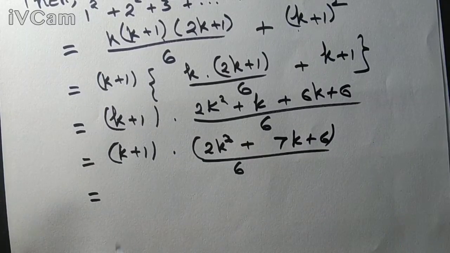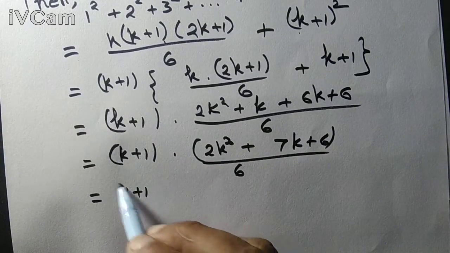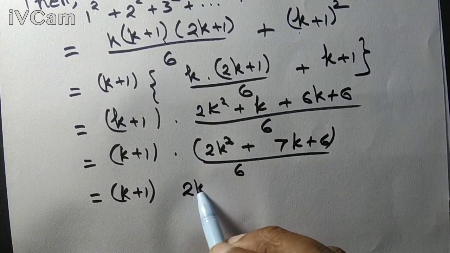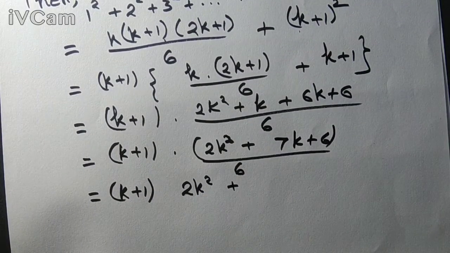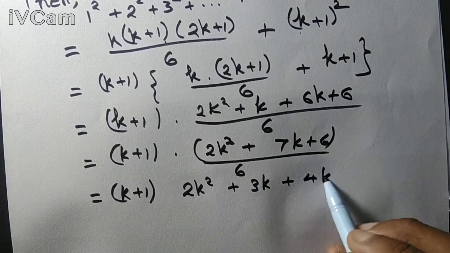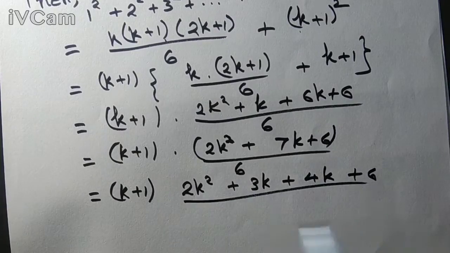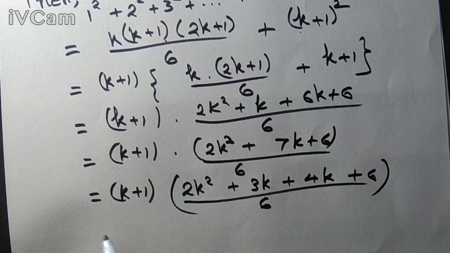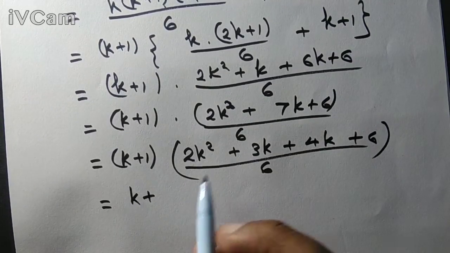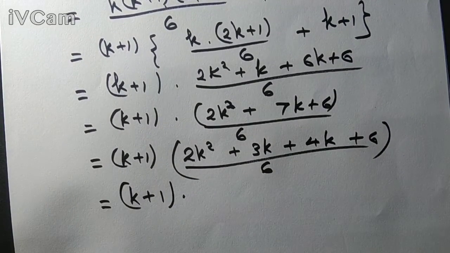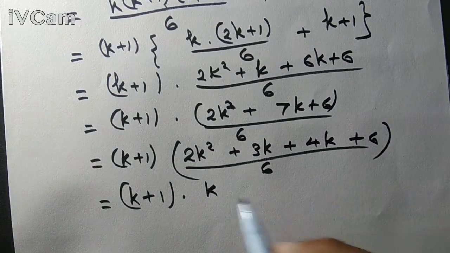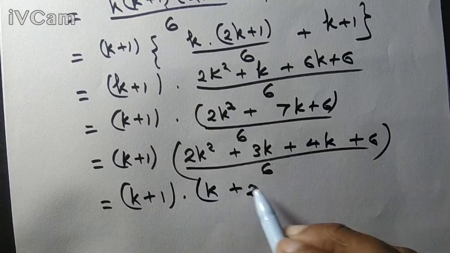We can factorize 2k square plus 7k plus 6 as 2k square plus 3k plus 4k plus 6 by 6. And so lastly it gets factorized as, if we take k common, you are left out with 2k plus 3, and here also if you take 2 common, you are left out with 2k plus 3.